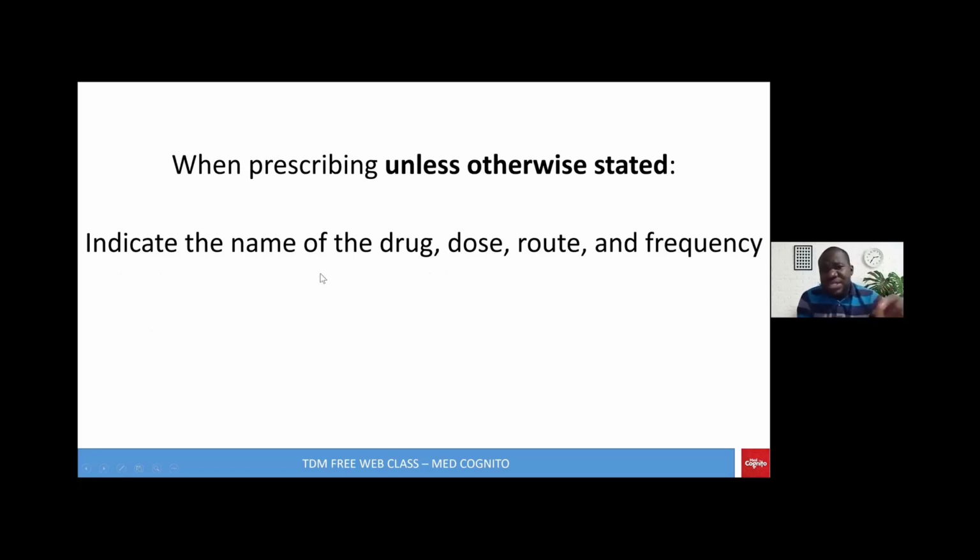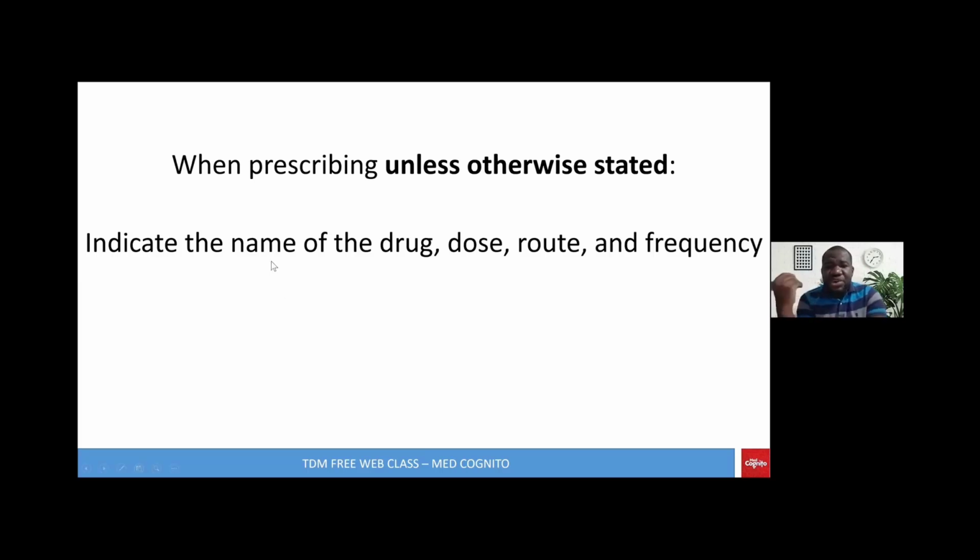So I was touching on this essential point that when you are given a question for the TDM, you need to follow the instructions. You need to know what the question is asking. And typically you may get questions asking about the drug name or say drug dose, or route of administration of a drug, or the frequency.